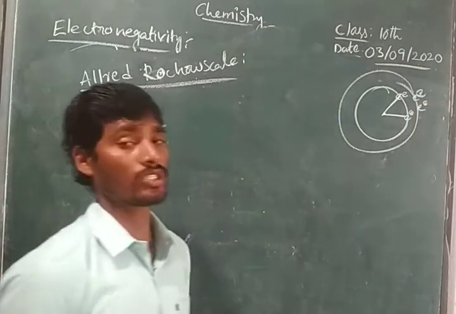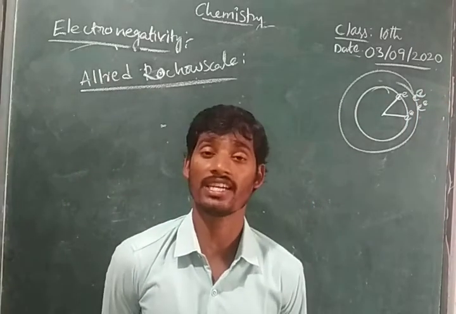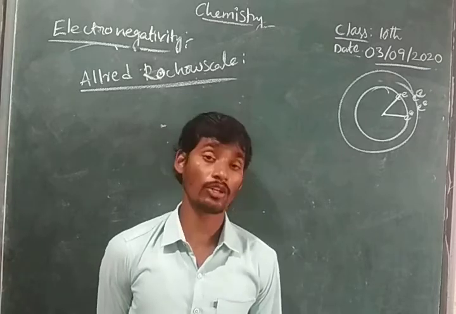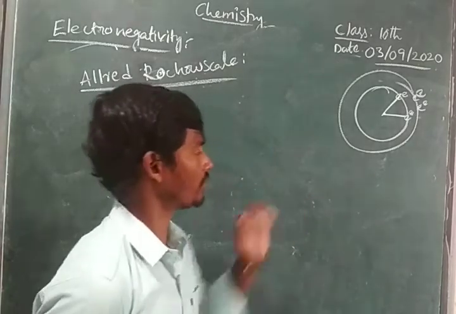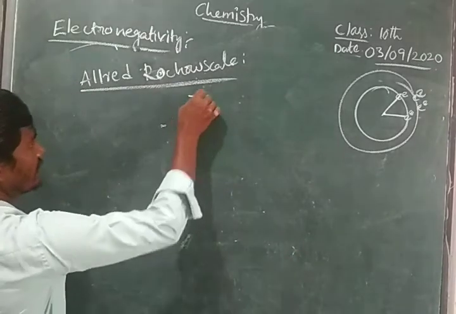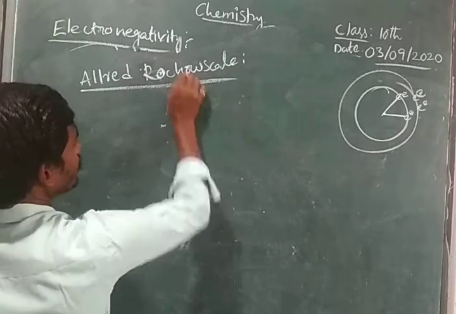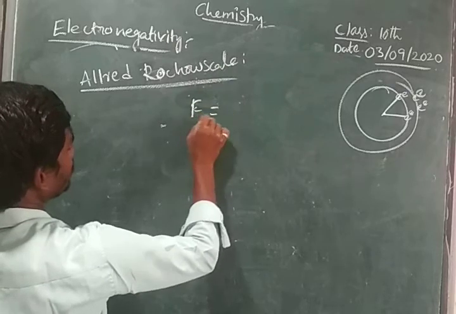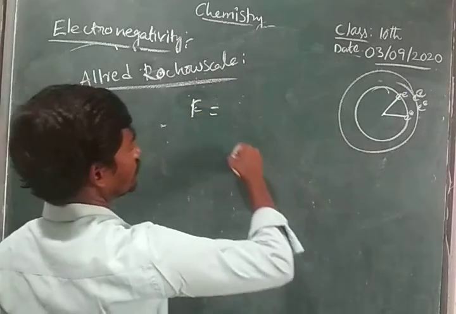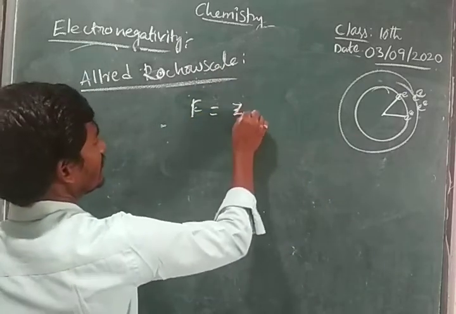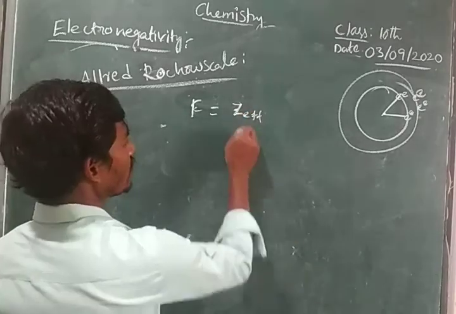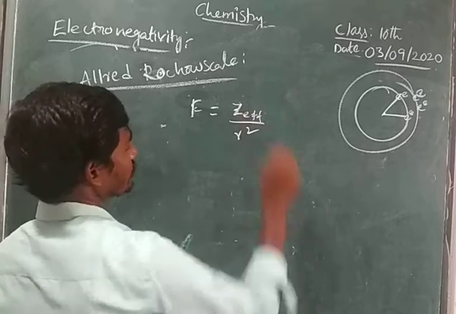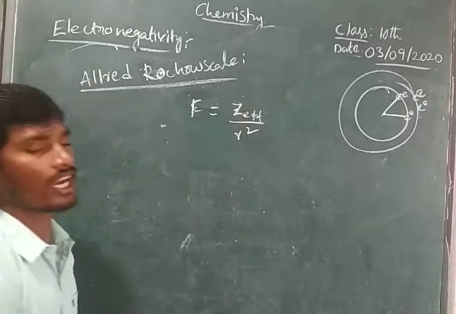For the nuclear charge we have to consider the screening constant values, that is sigma values. The force of attraction is given by Z effective nuclear charge by R square.